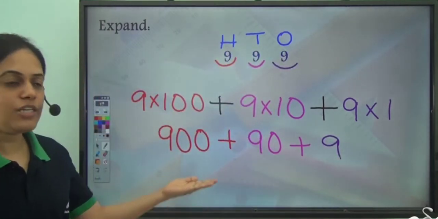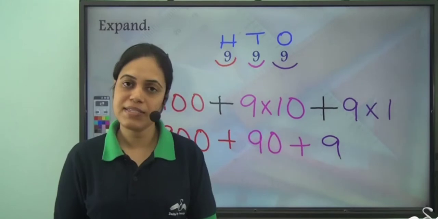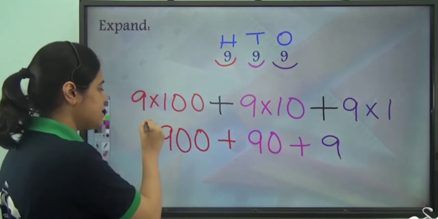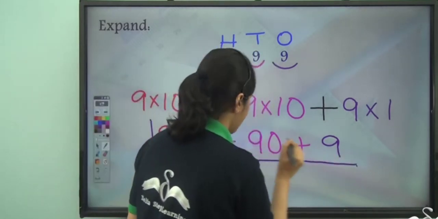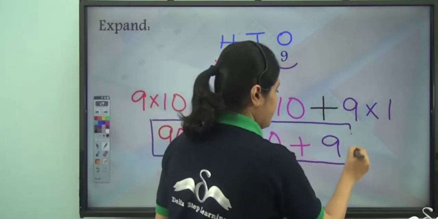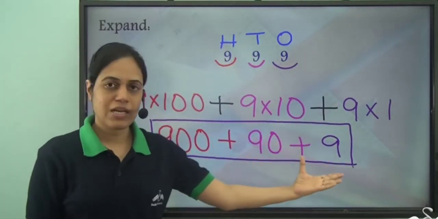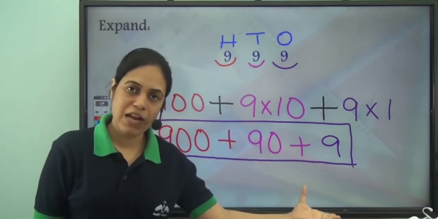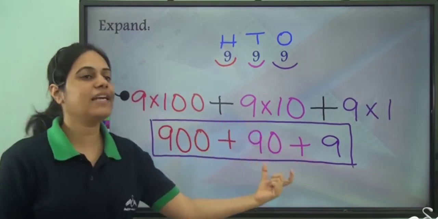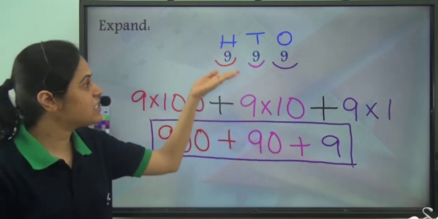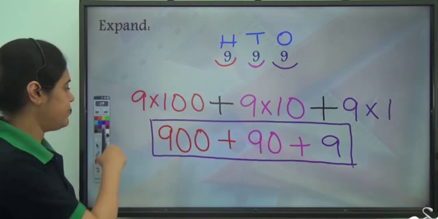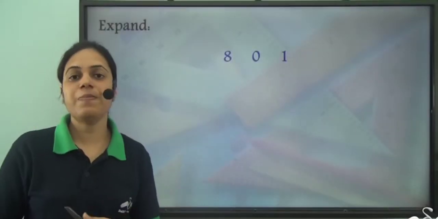So 900 plus 90 plus 9. This is the expanded form of this number. So writing the digits in terms of their place values and adding them, this is called the expansion of this number. So now can you expand this number?